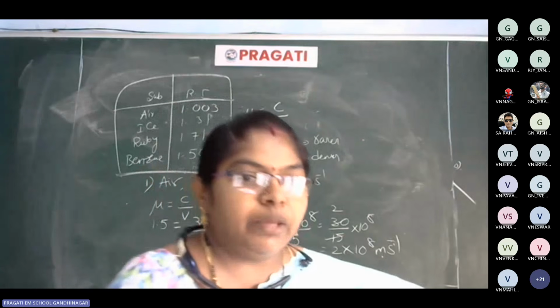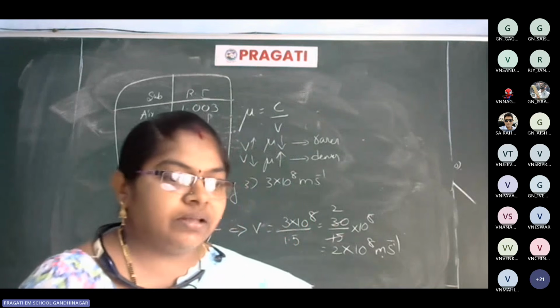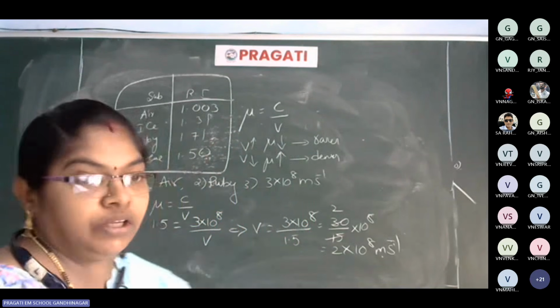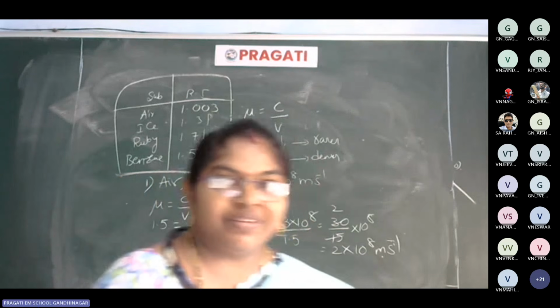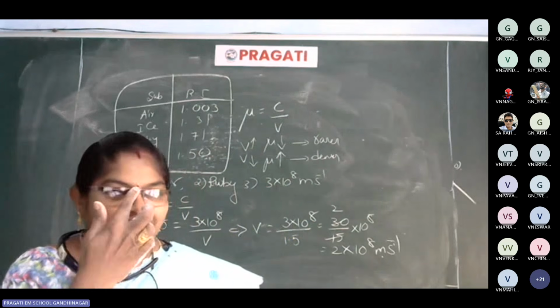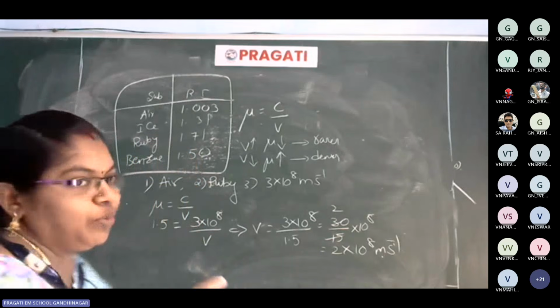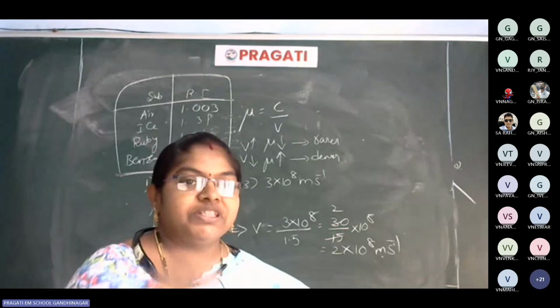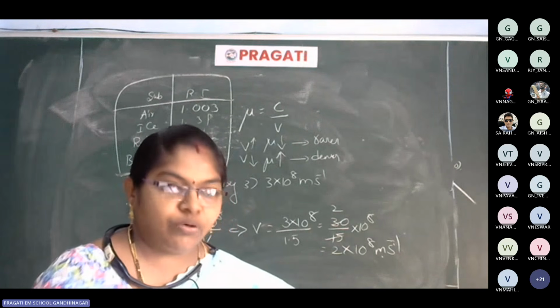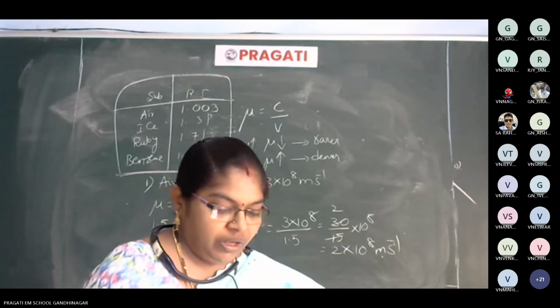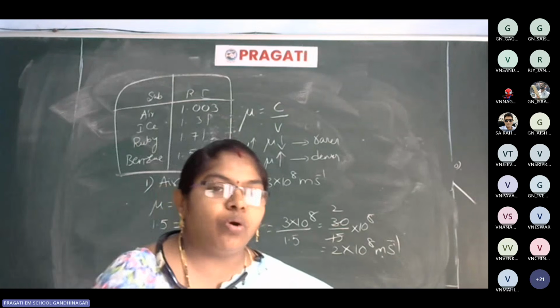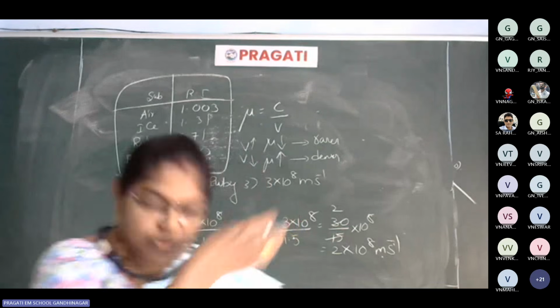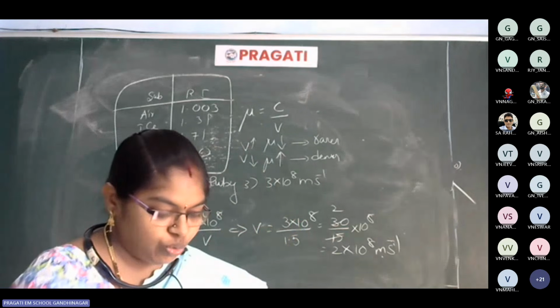This is about table questions in the light lesson, and another 4 marks is ray diagrams. Ray diagrams, already I told you, we have to prepare well. Ray diagrams: 6 cases of the concave mirror and convex lens. In order to get 50 out of 50, better concentrate on convex mirror and concave lens also, 2 cases are there.